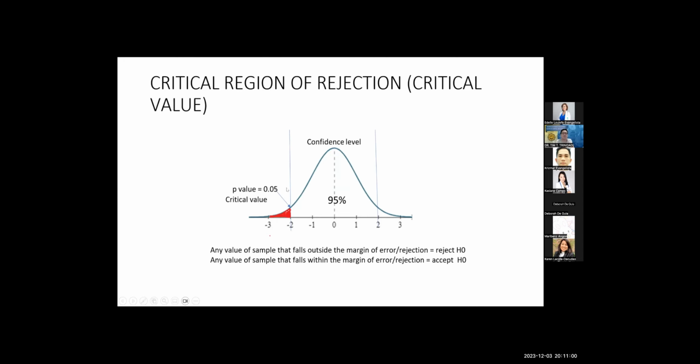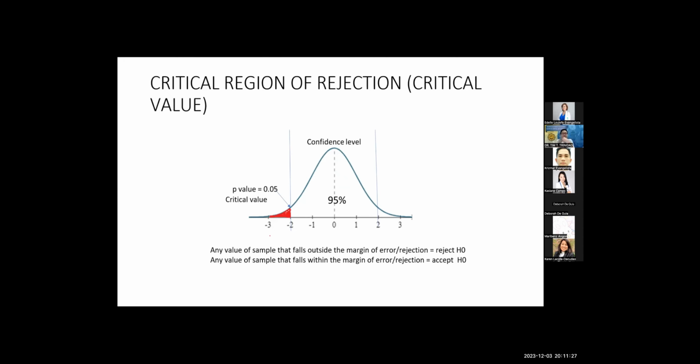So it marks the boundaries of decision. Inside this boundary is the 95% confidence level. Any sample that falls outside the margin of error or margin of rejection, we reject the null hypothesis. While any value that falls within the margin of error or margin of rejection, we accept the null hypothesis.